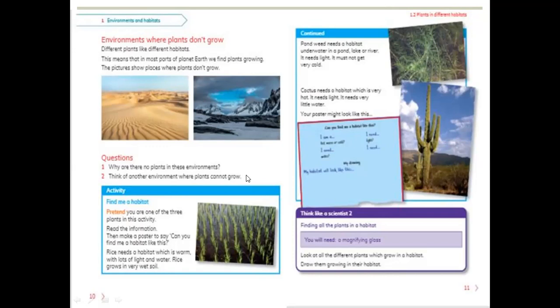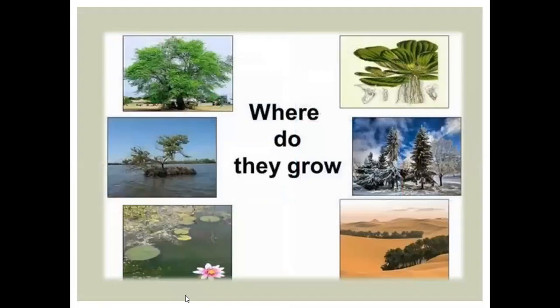Your poster might look like this. I am a dash. I am hot, warm, or cold. I need light. I need water. Habitat will look like this. So we are going to do this activity, taking a plant and describing its needs. Where do they grow well?